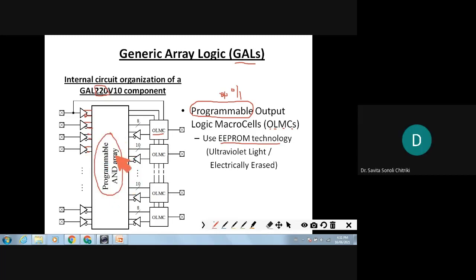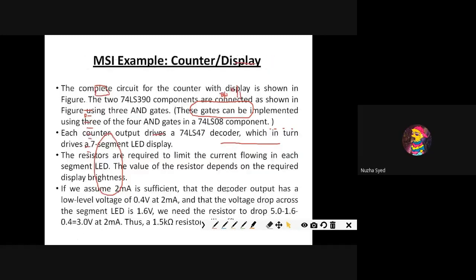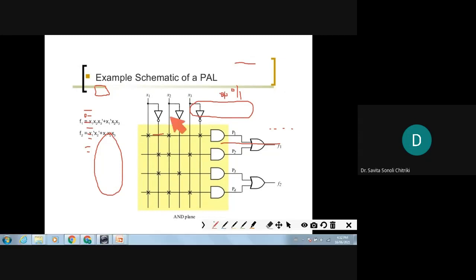So that AND plane, like in the previous slide what we had seen, now this AND array and all will not be seen. Directly each input will be represented as, see there, this is x1 and through a NOT gate it is going. So here you have x1 bar.